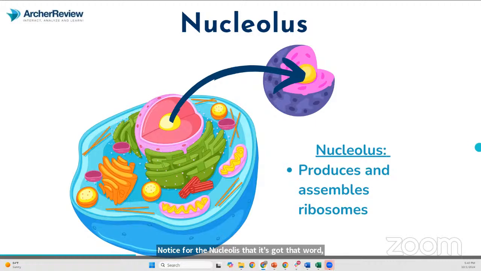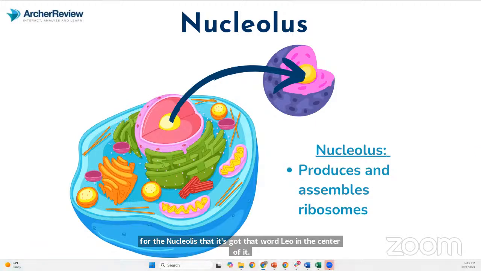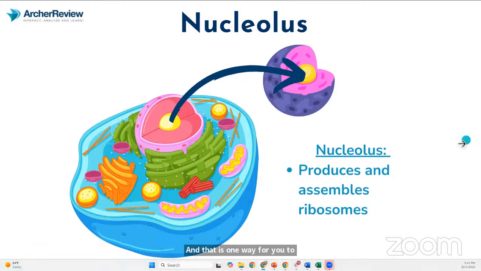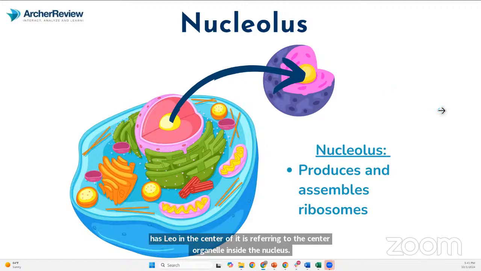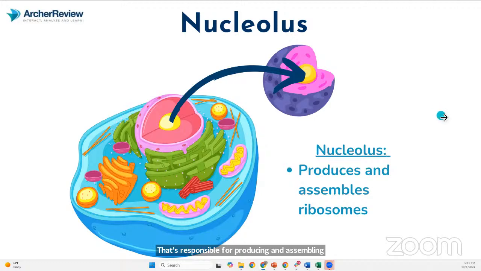And that is one way for you to distinguish the difference between nucleus and nucleolus. The one that has Leo in the center of it is referring to the center organelle inside the nucleus that's responsible for producing and assembling ribosomes. And ribosomes are critical for protein synthesis.